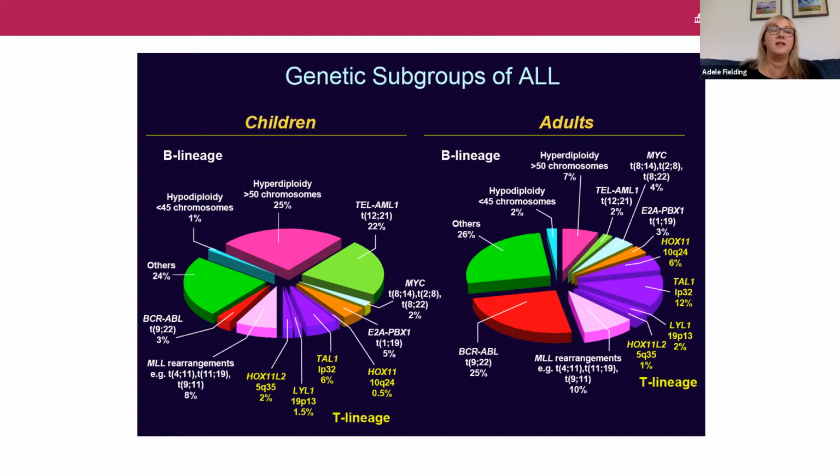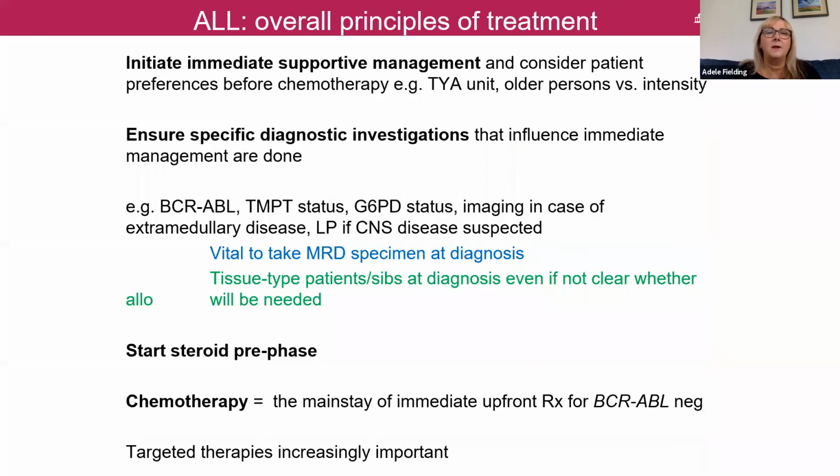Some abnormalities which are very common in children, for example hyperdiploidy or 12;21 translocations, comprise up to half of all children, whereas in adults those abnormalities are actually quite rare. So it's another indication that we're dealing with an overlapping syndrome, but essentially some kind of big difference between younger people and older people. Can I have the next slide, please, Zach?